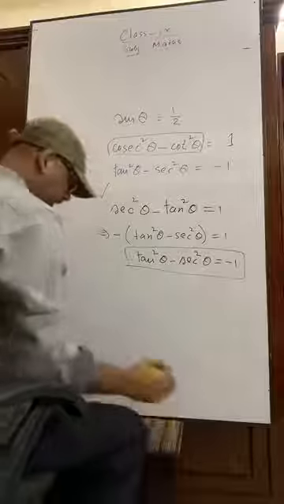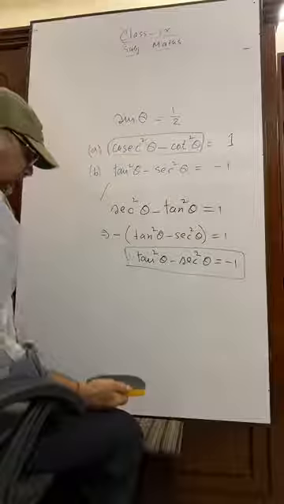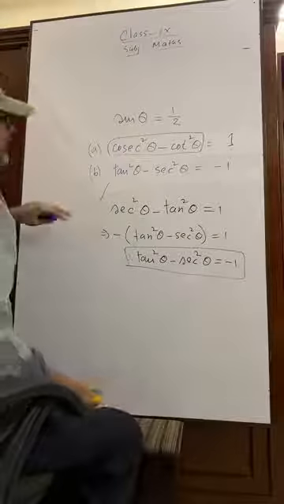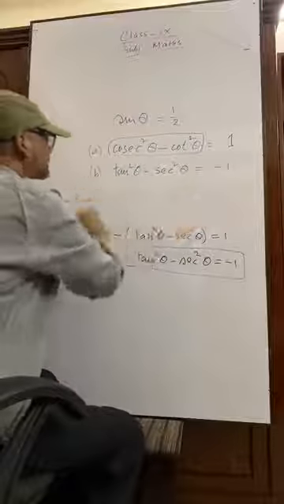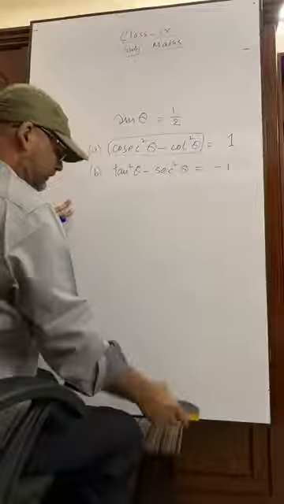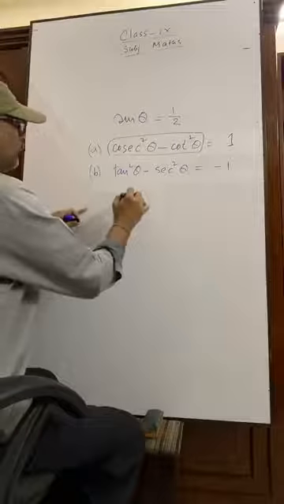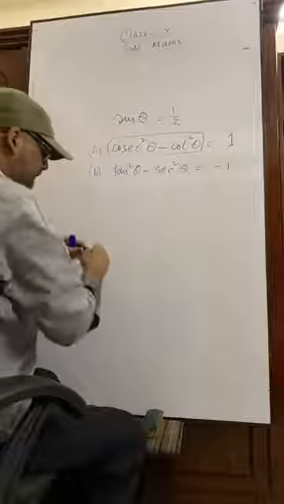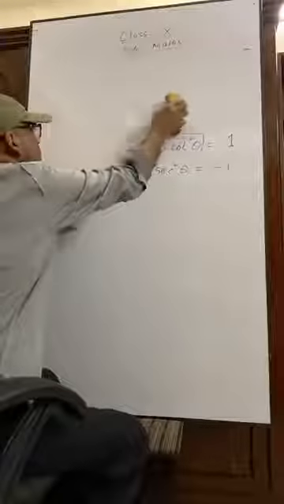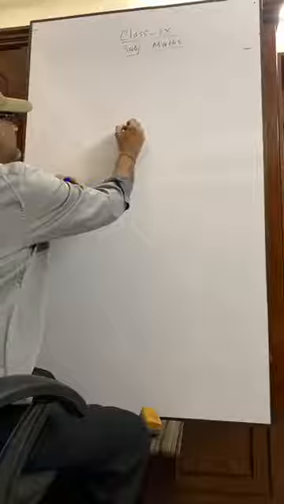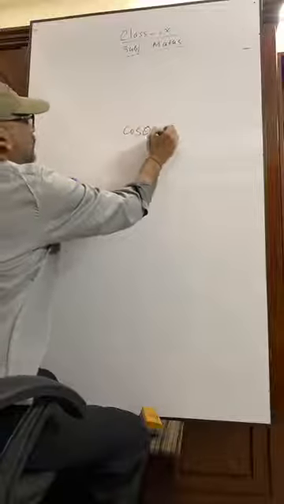Suppose you are given the maths like this. Another math I am giving you. Suppose cos theta is equal to √3/2.